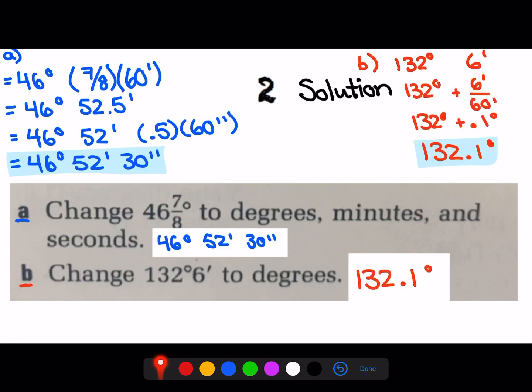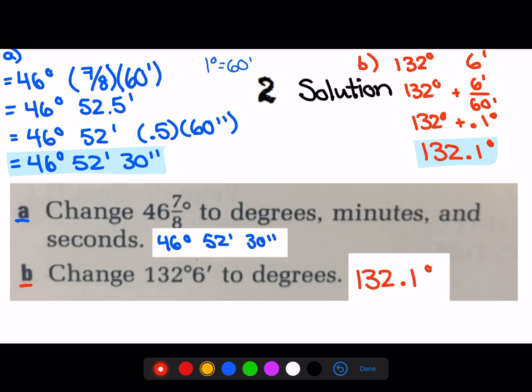So I'm going to go ahead and take that 7/8, and I'm going to multiply it by my conversion rate of 60, because I know 1 degree equals 60 minutes. So if I multiply it by my conversion rate, 7/8 of a degree will give me how many minutes are in that 7/8. So that'll give me 52.5 minutes.